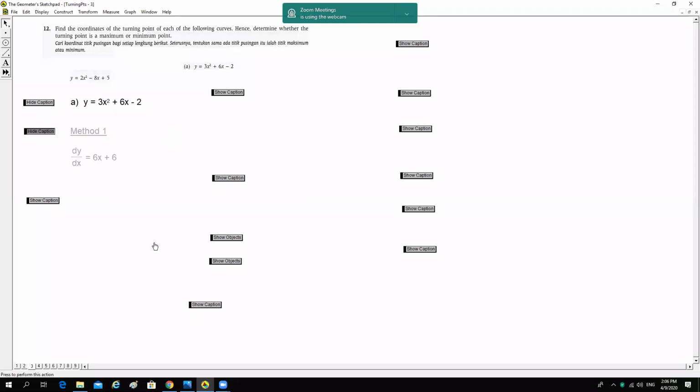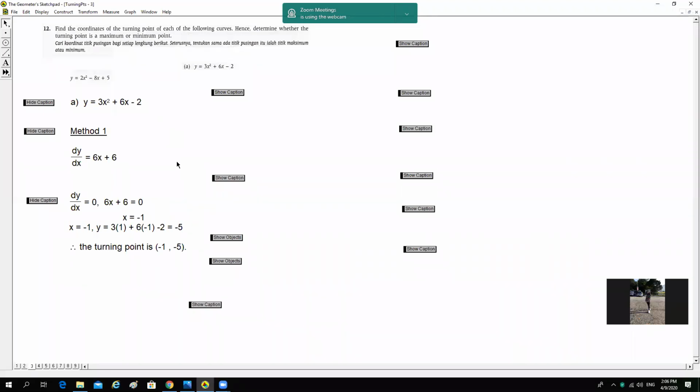So the first step is to find the dy/dx. This is our dy/dx. Next step, you put the dy/dx equal to 0. Why put dy/dx equal to 0? Because we want to find the turning point. We want to find the coordinates. So put dy/dx equal to 0. I found out the x coordinate only because dy/dx is in terms of x.